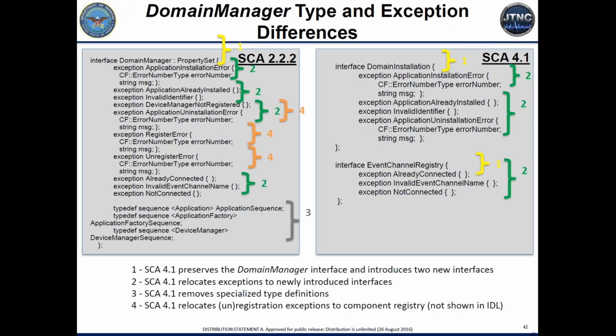So a number of those types have just been moved out of the domain manager level of the interface to those new decomposed interfaces which exist within 4.1. So it's the move, compile, build, make sure you do the text substitutions if you're using fully qualified names that are associated with the locations of those exceptions or those types.